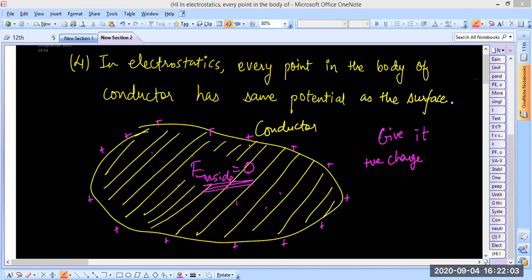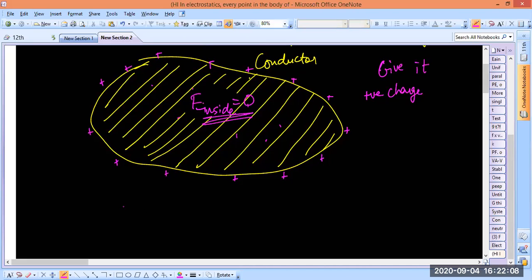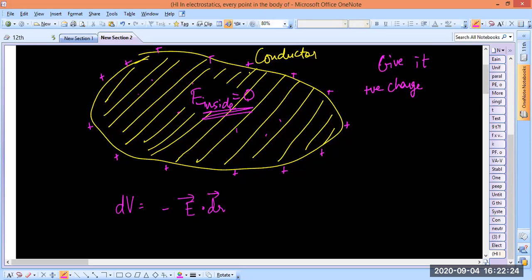Now, I want all of you to think of this relation. Suppose I go from point A to B. Anywhere in between there is no electric field.